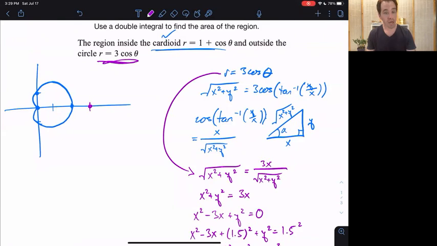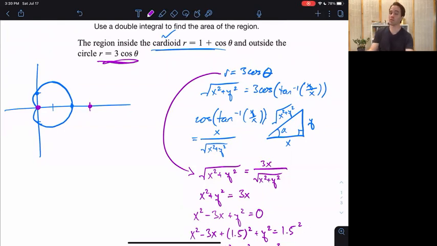When theta is pi over 2, then you have 3 times 0, or 0. When theta is pi, this is tricky, but when theta is pi, r is negative 3.